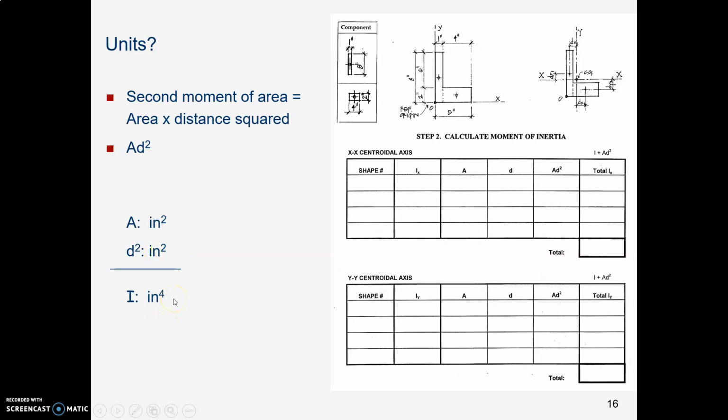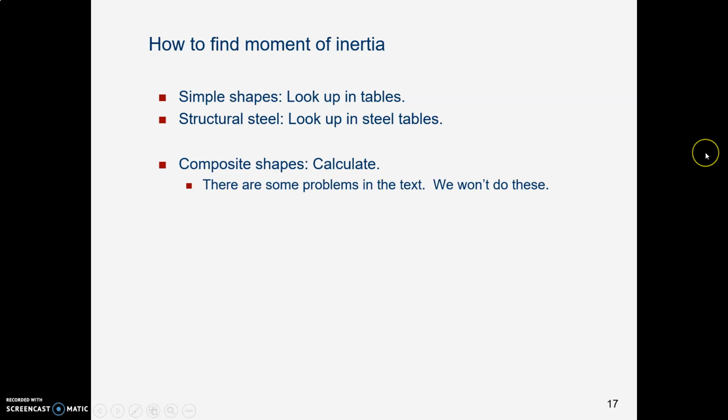Inches to the fourth. So moment of inertia is another name for second moment of the area, and its units are expressed in inches to the fourth. Not that you would ever have a measuring tool that would measure inches to the fourth, but mathematically that's what it is, and when we look it up in tables, that's what we find.